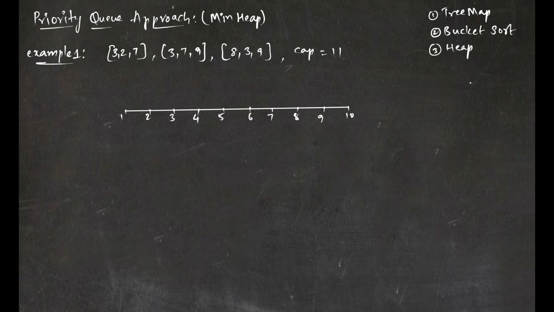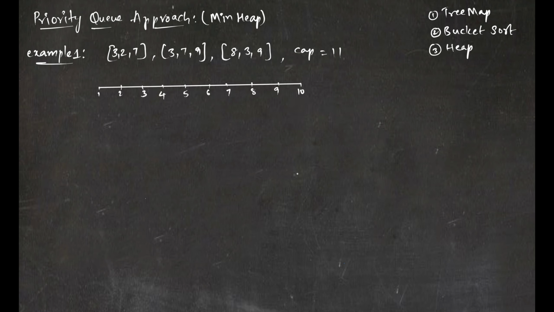In this video, I'll explain the examples by taking help of a min heap, since I felt it is very easy to understand. Let us look at this example. I have 3 trips and my maximum capacity is 11. If you observe the problem description, there is no information about the order in which the trips are given.